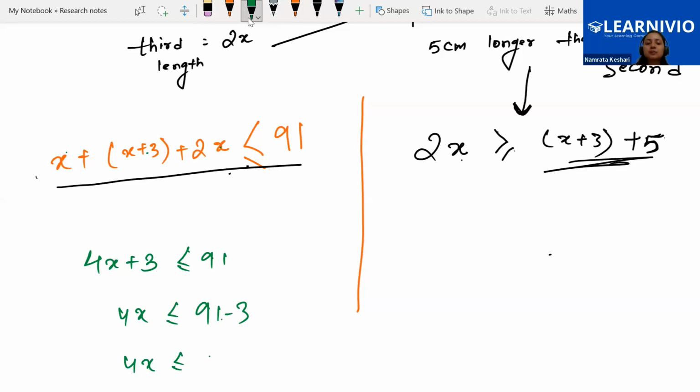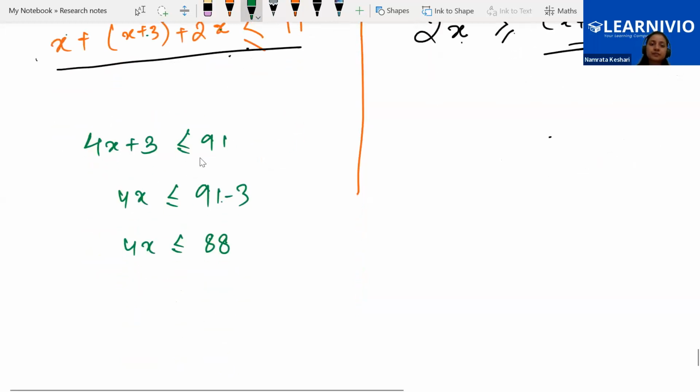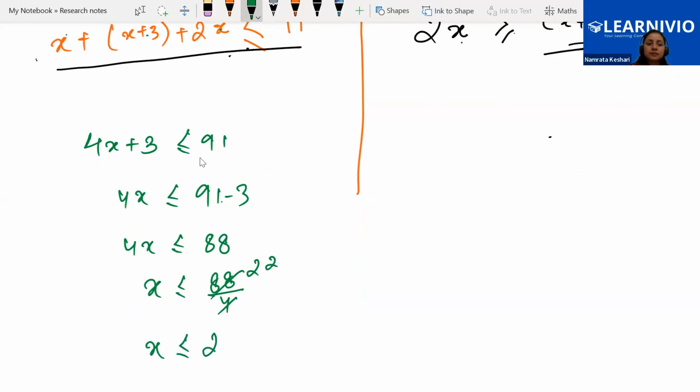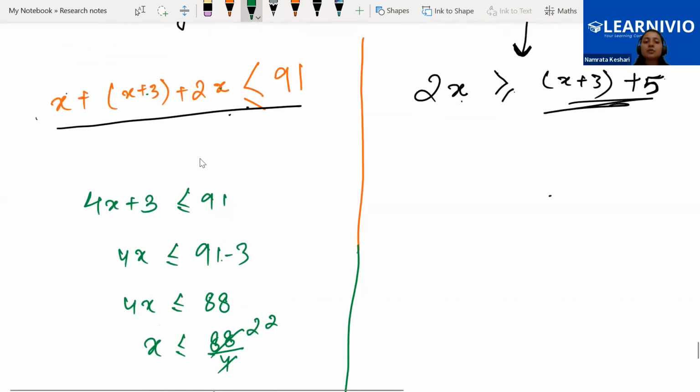That means x is less than or equal to 88 by 4, which is 22. Have you got the same? Let's do the next one.